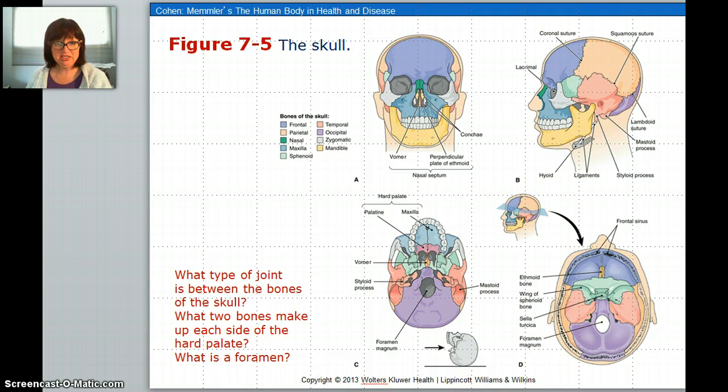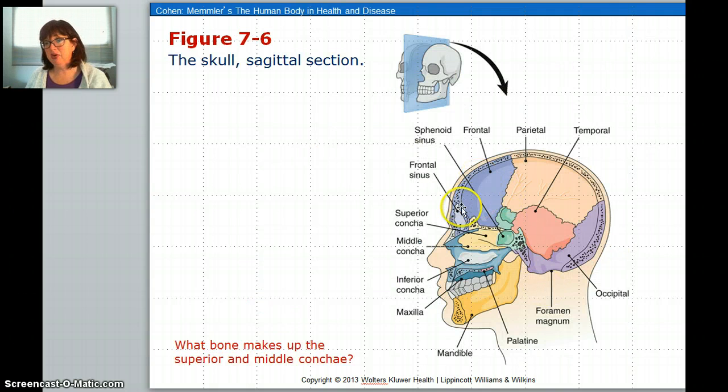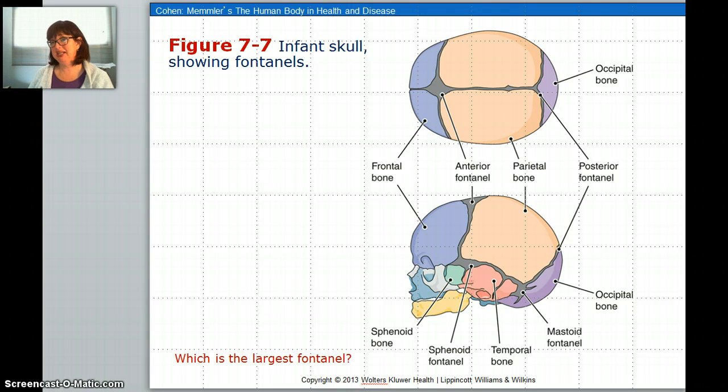Okay. Here you can see that when it comes to naming the bones, it's related to the lobes of the brain. The frontal bone is above the frontal lobe. Then you have the parietal, temporal, occipital. Just to be aware. Now, you may have noticed in an infant you have what's called the soft spot.